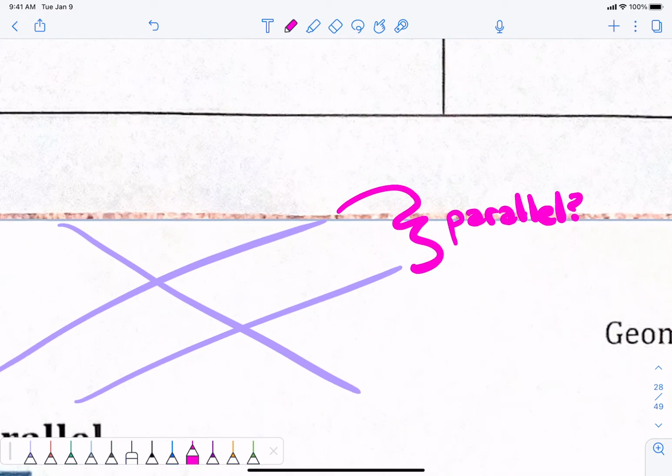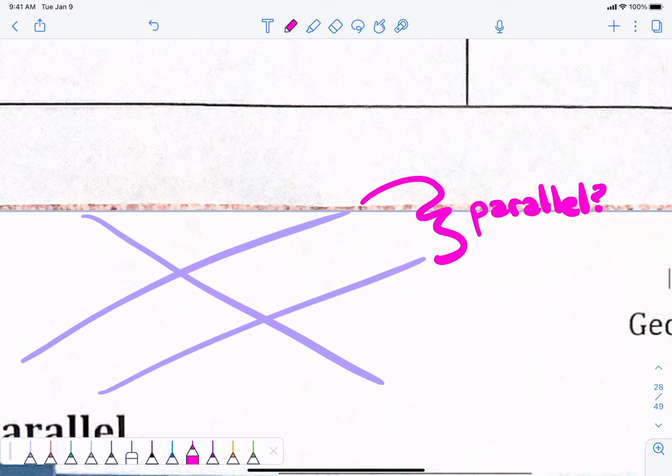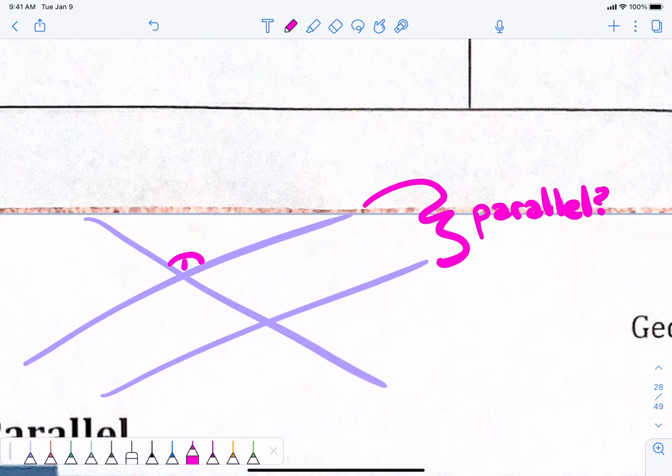But what I'm going to do is give you the measure of 2 angles. Let's call this angle 1 right here, and let's call this angle 2, and we're going to say that each one of those is 140 degrees.